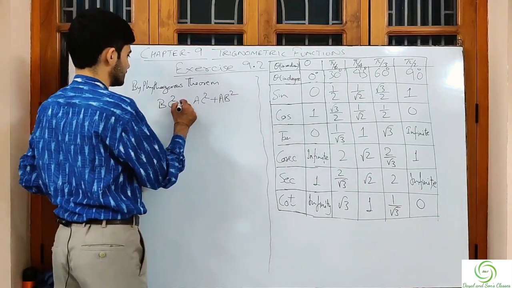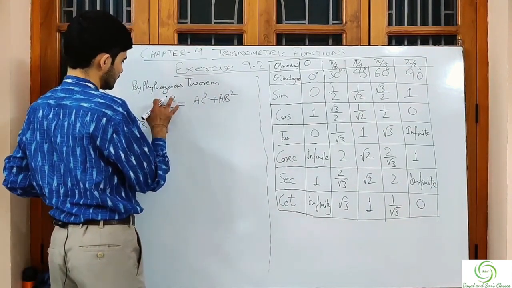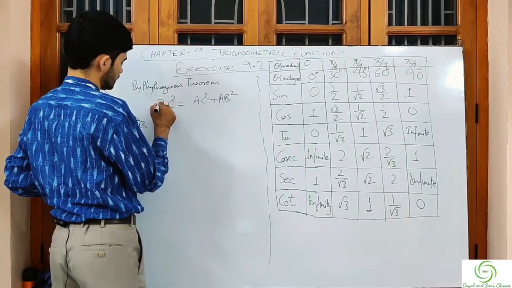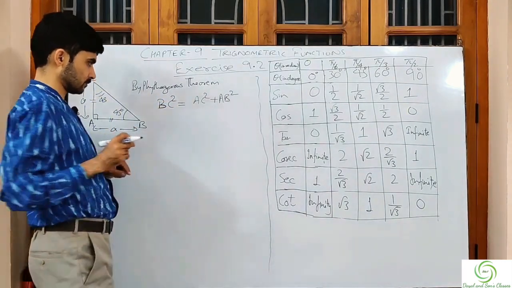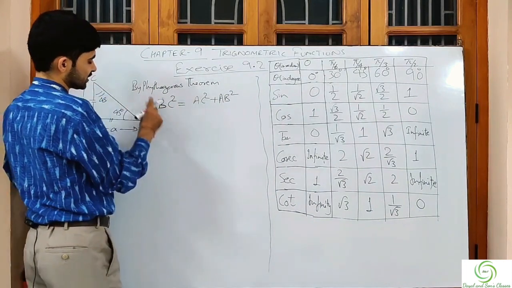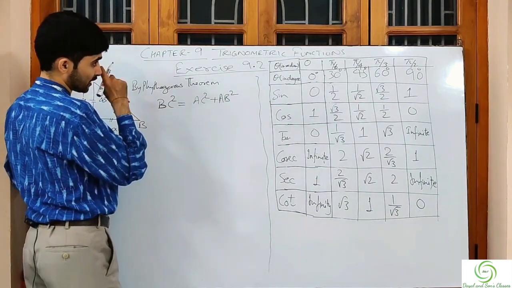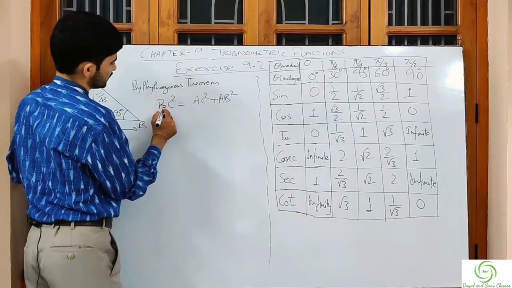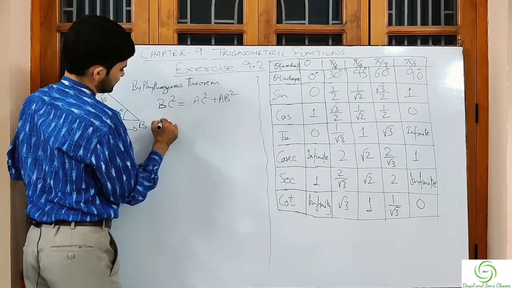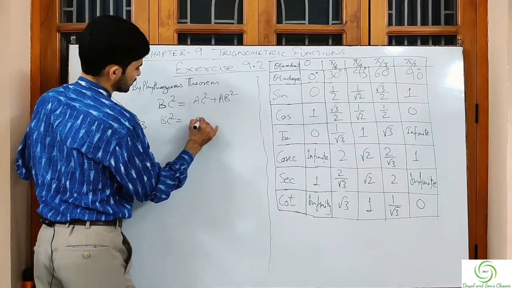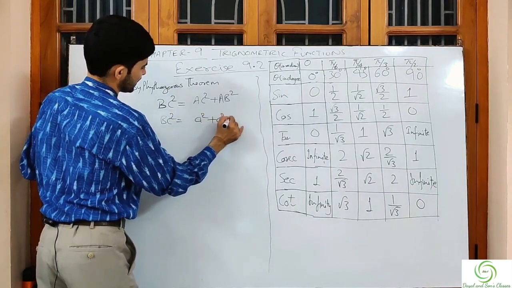Now let us see for this particular triangle, what happens? BC square will be equal to A square plus A square.